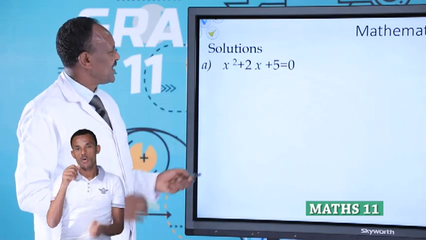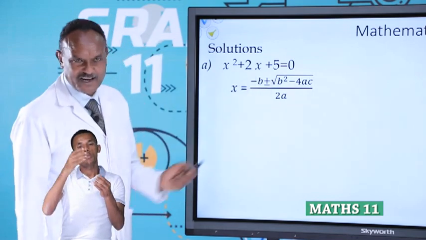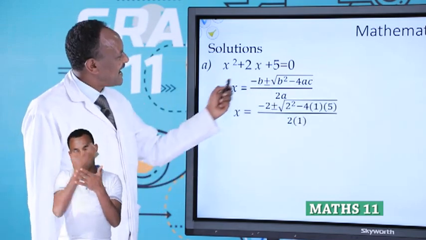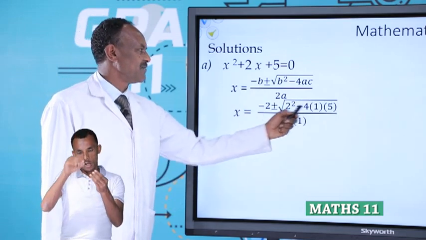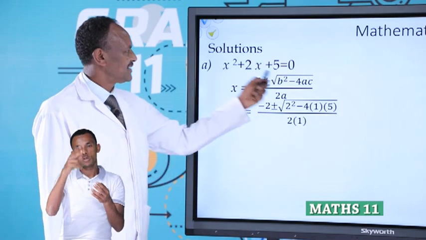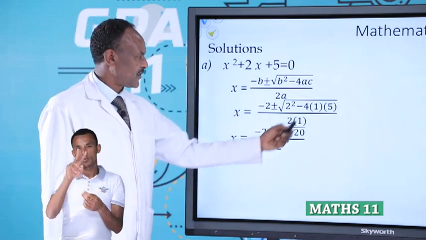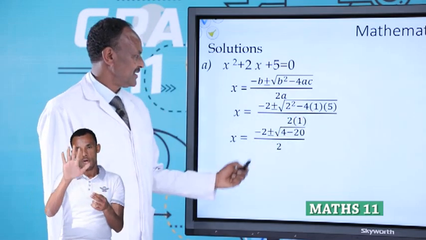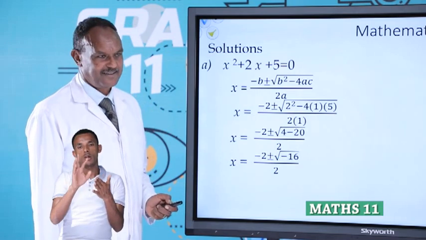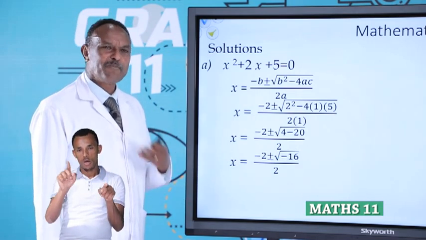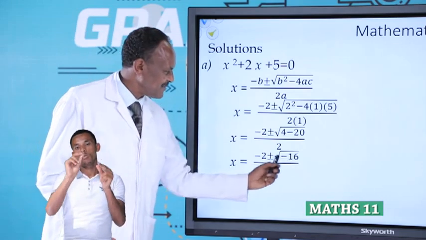For the first one, x squared plus 2x plus 5 is equal to 0, using the quadratic formula and substituting properly: negative 2 plus or minus the square root of 2 squared minus 4 times 1 times 5, divided by 2 times 1. 2 squared is 4, and 4 times 1 times 5 is 20. So under the radical you have negative 16. When learning about real numbers, we say this quadratic equation has no solution because it is an imaginary number.